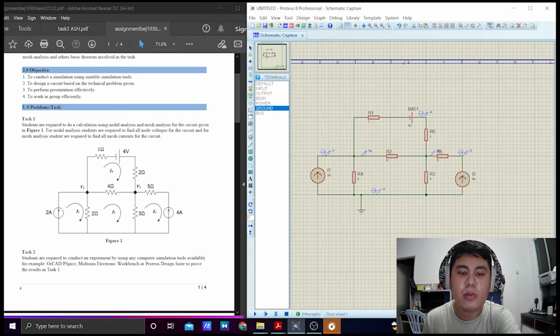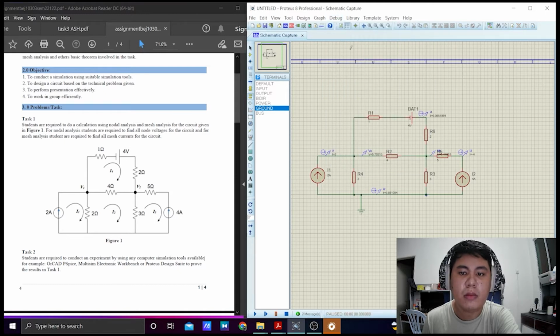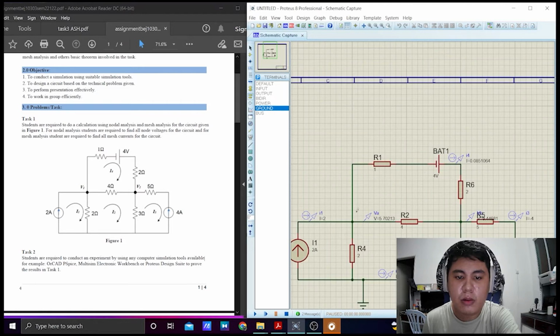Next, we can start to simulate the circuit by going to Debug and starting VSM debugging. Right there, we got the values of VA, VB, I1, I2, I3, and I4.